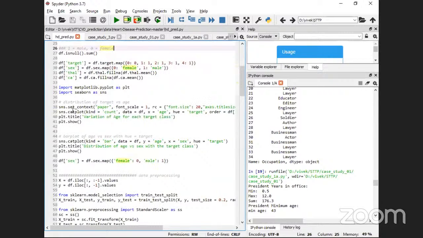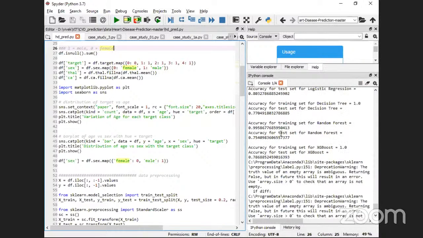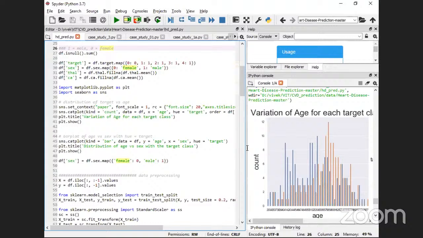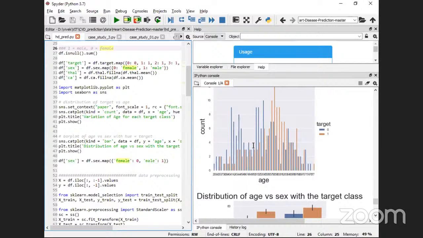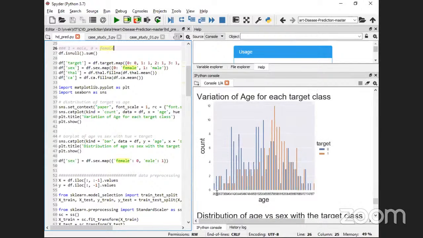And first is to understand the distribution of the patients with respect to age. Let's say to understand how the patients are distributed with respect to age. So for that, I just want to show you where you could understand that. Graphs are used here. So this refers to a particular age group and the target case.